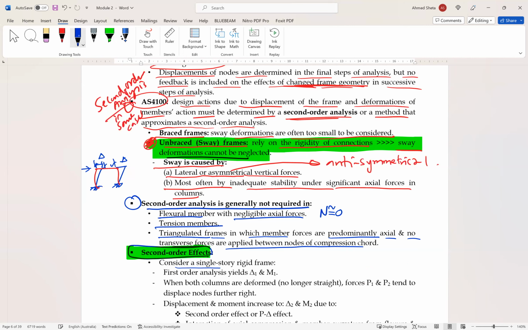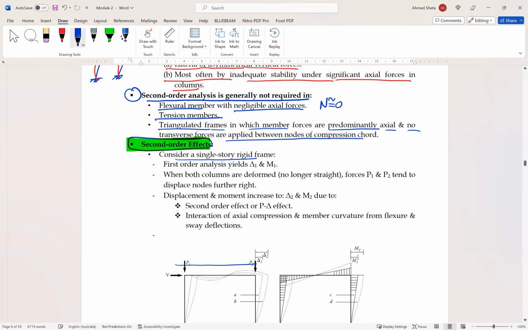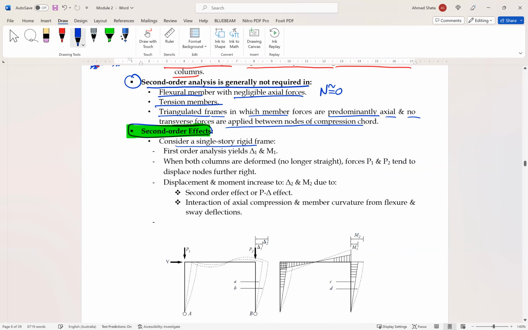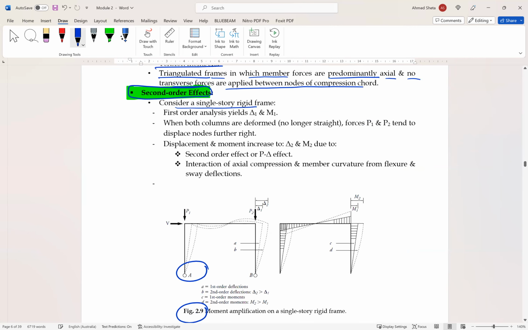Consider a single story rigid frame, like in figure 2.9. First order analysis gives us the moment M1 and the deflection delta 1.